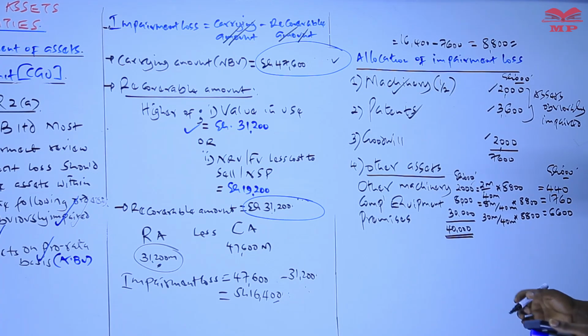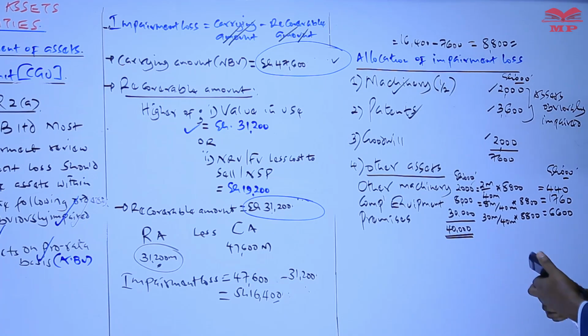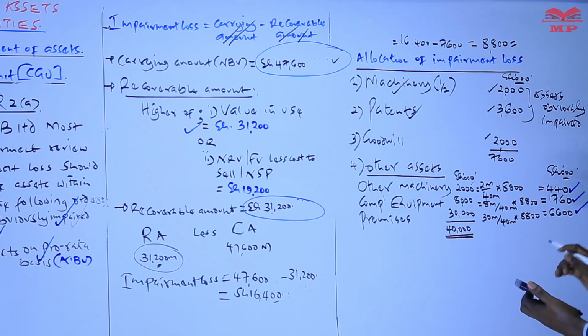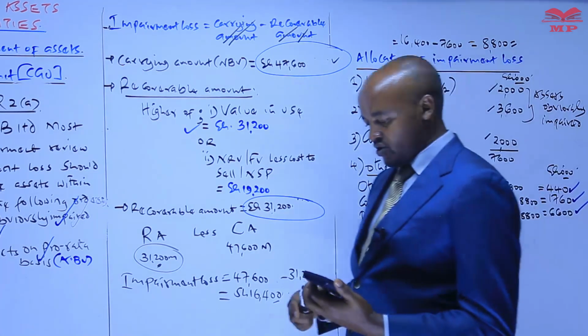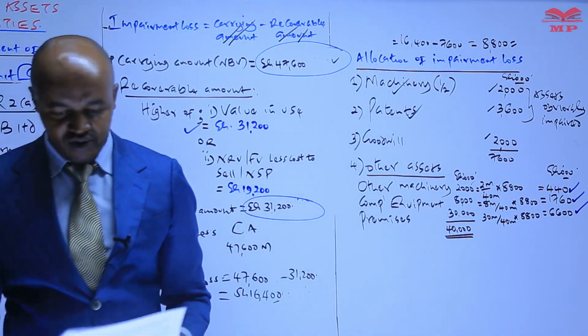So that is now the impairment loss to be allocated to other machines, computer equipment, and the premises. That is basically what was required as far as that particular question was concerned.